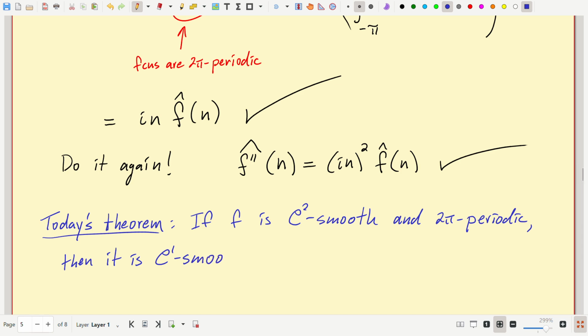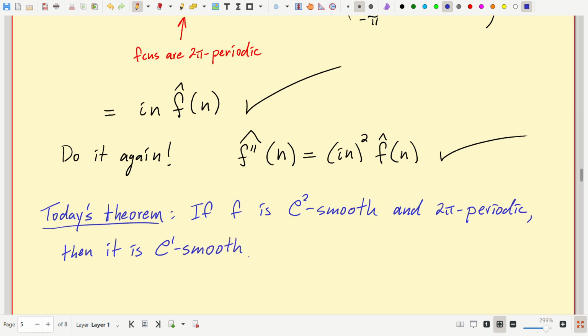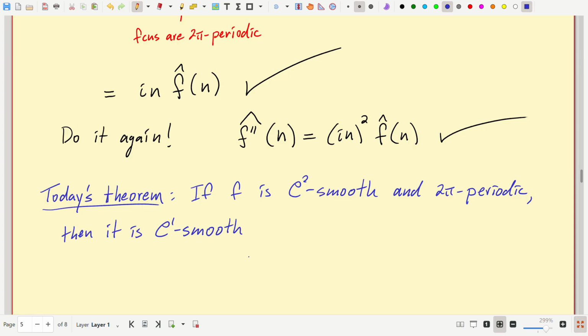And we know that C1 smooth means the Fourier series converges to f pointwise.